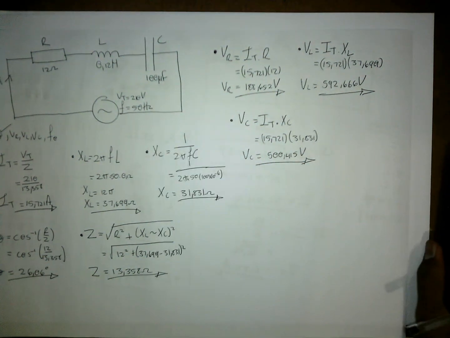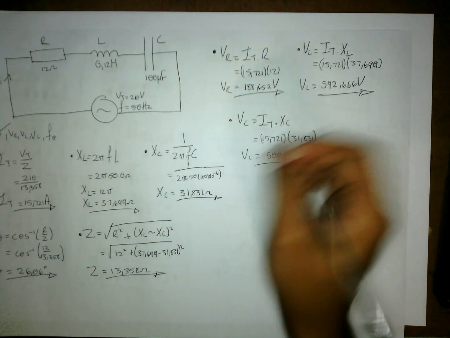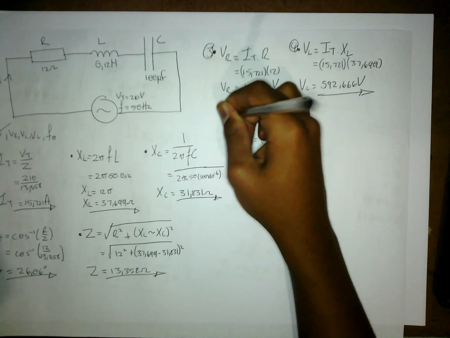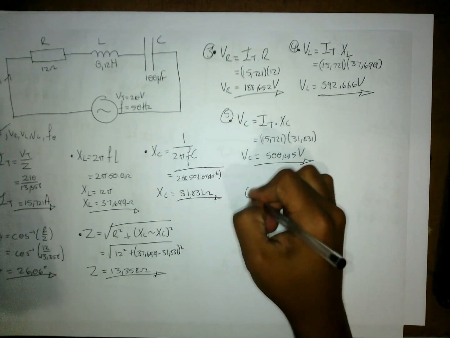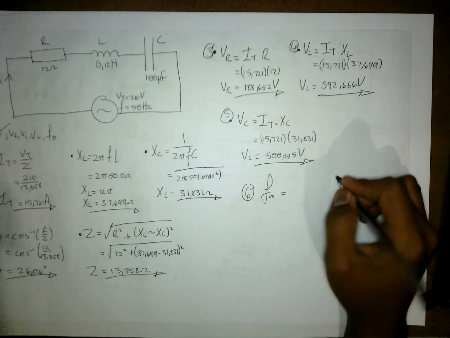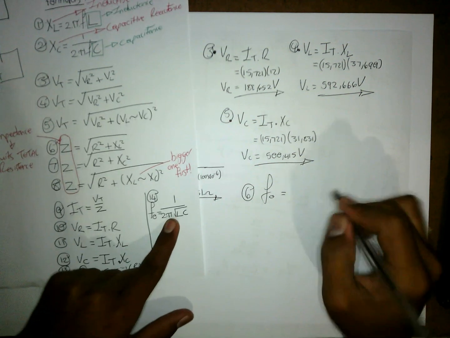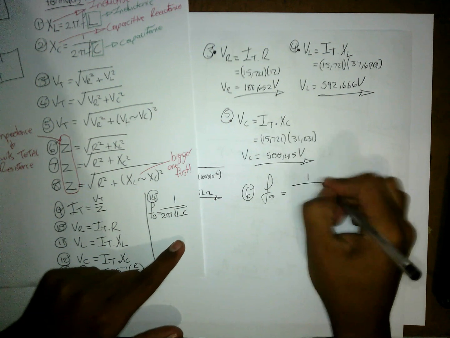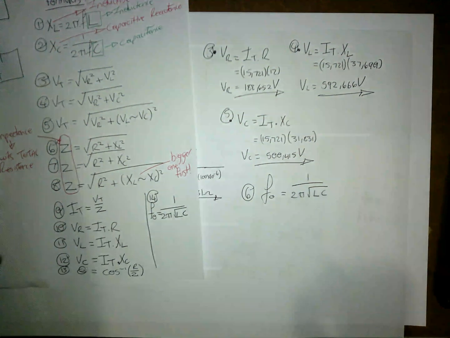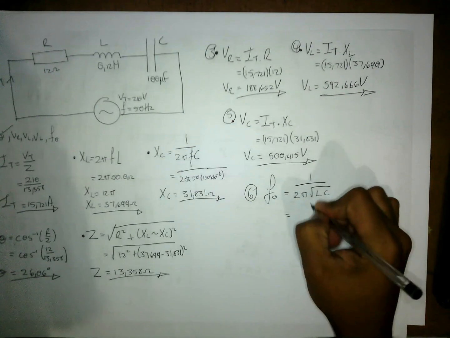Then they're asking for the resonant frequency. So this was actually number 3, number 4, number 5. Then for number 6, they want the resonant frequency of the circuit. And the formula for resonant frequency is just number 14 over here. So we write 1 over 2 pi square root LC. Then we substitute.